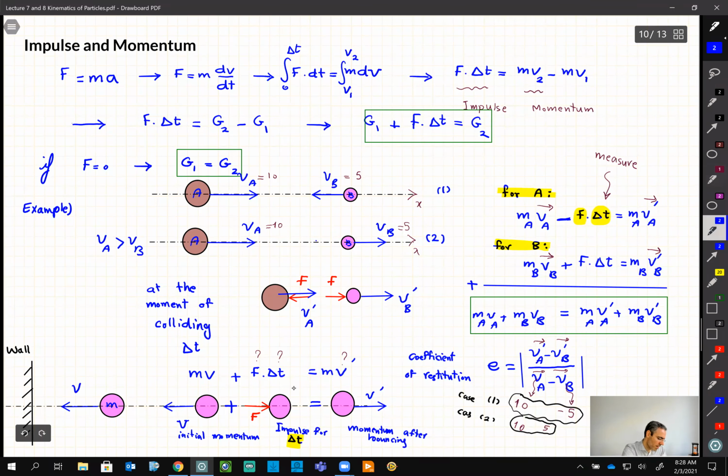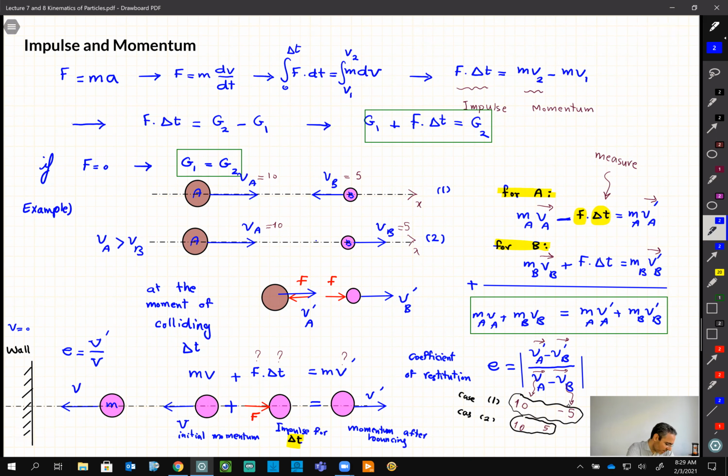Of course, whatever the material of the wall is, whatever the material of this ball is, I look it up on the internet and I will find E. And the question gives this one to us, the coefficient of restitution. So the wall's velocity is always 0, right? It doesn't move. So then E is going to be V prime divided by V. And because we care about the absolute value, although V is going to the left, V prime going to the right, we don't care, right?